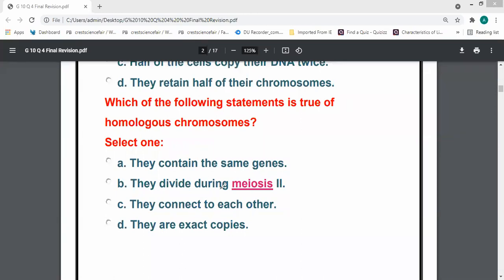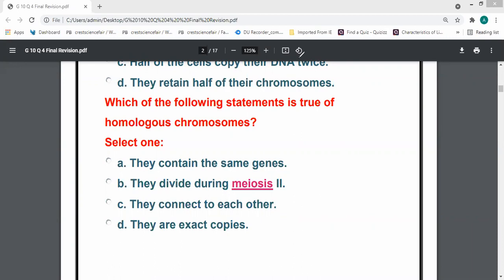So you said the right answer is letter A, not D. Yes, because they are not copies of each other. They only have the same genes. Okay, can you explain to me the meaning of exact copy?